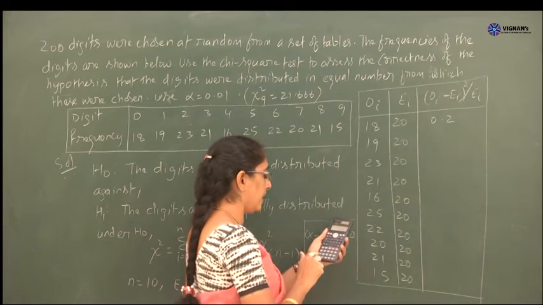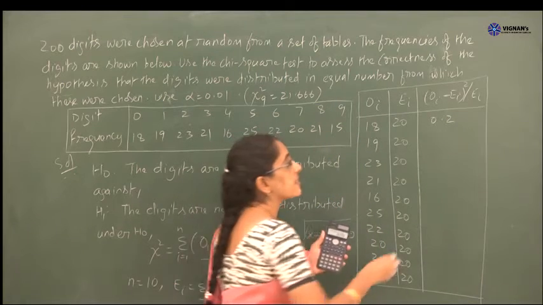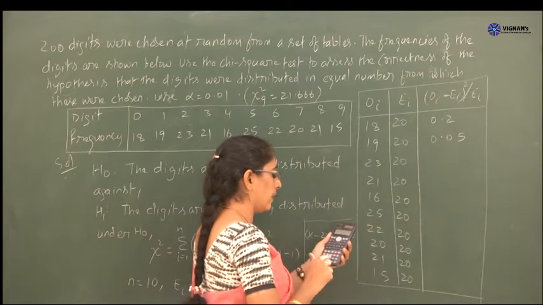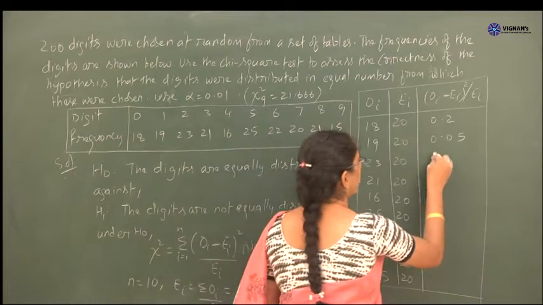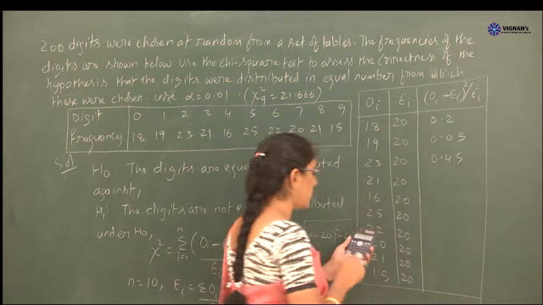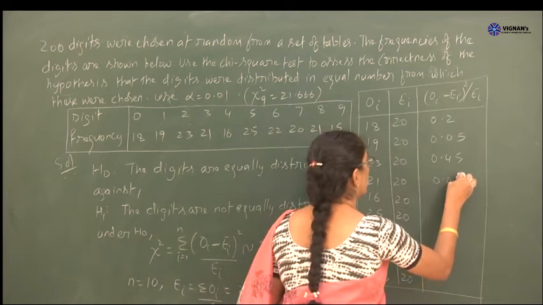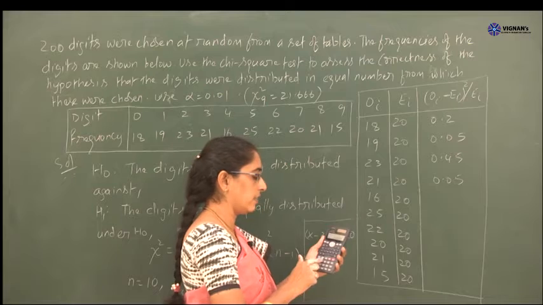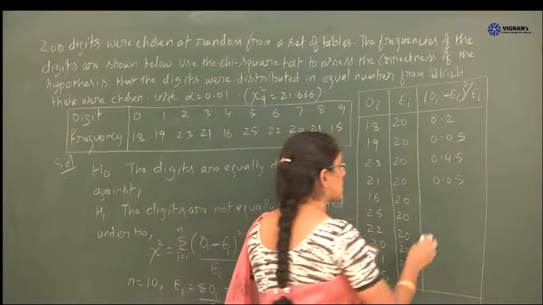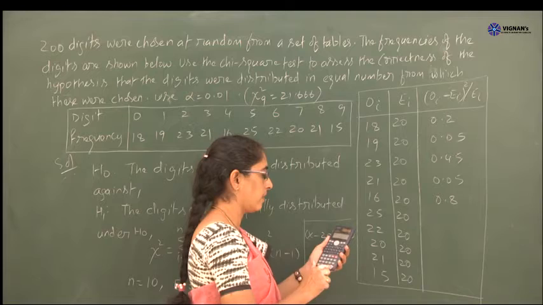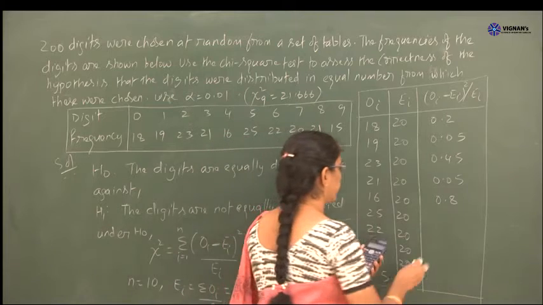The next value, observed 19, gives 0.05. The next, 23, gives 0.45. Then 21 gives 0.05. Then 16 gives 0.8. Next 25 gives 1.25.